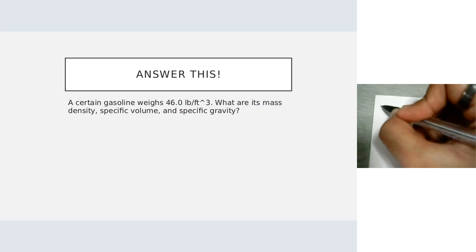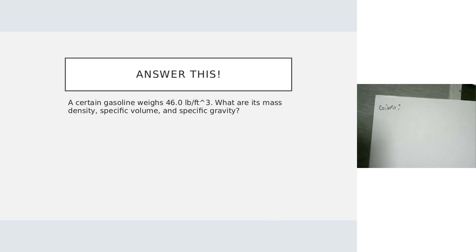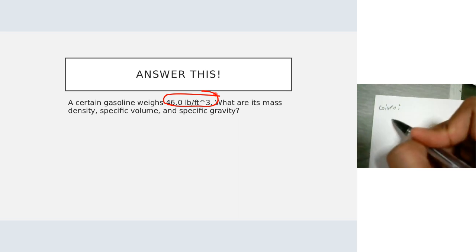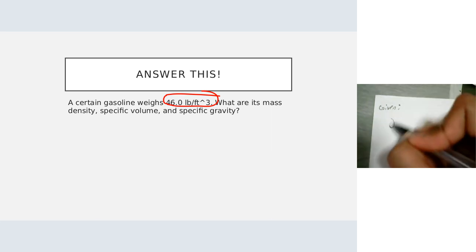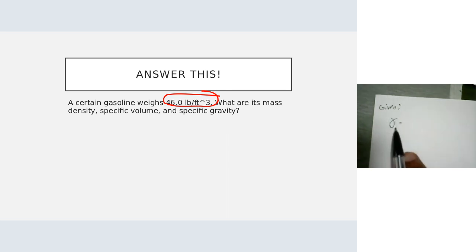So we're only given what? Based from the unit, it is the specific or unit weight. 46 pound per cubic foot.